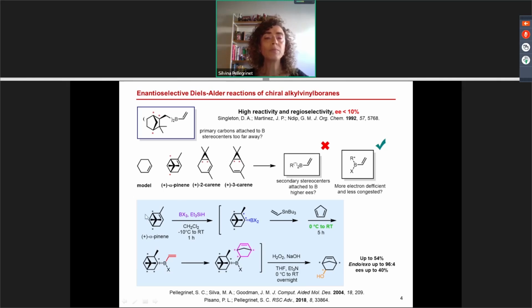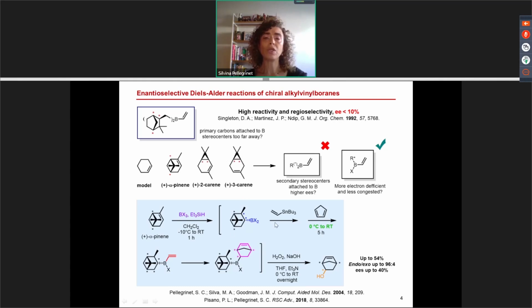And so we developed this synthetic sequence in the lab in which we prepare the dihaloborane from the reaction of the trihaloborane and a silane, and then did a single hydroboration reaction to introduce the chiral ligand.